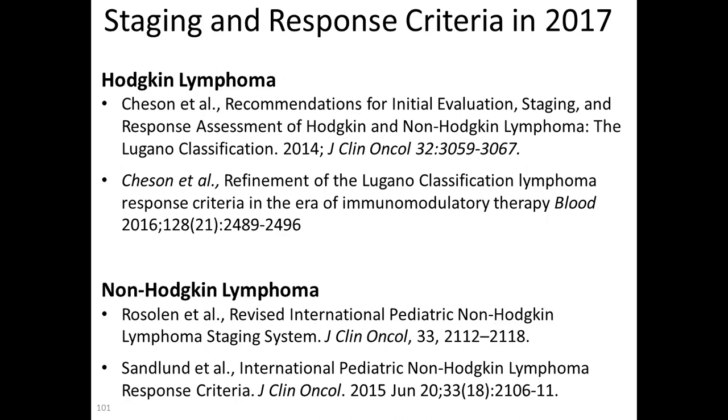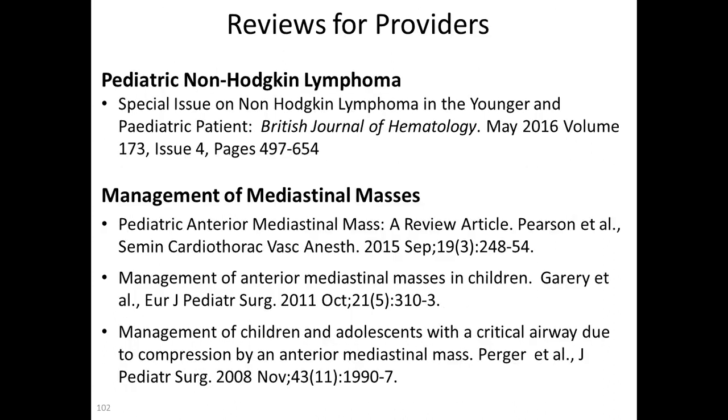That's called pseudoprogression. So this takes into account that. This is too new for the test. And in the non-Hodgkin lymphoma, there's some revised international pediatric NHL staging system and some new response criteria.